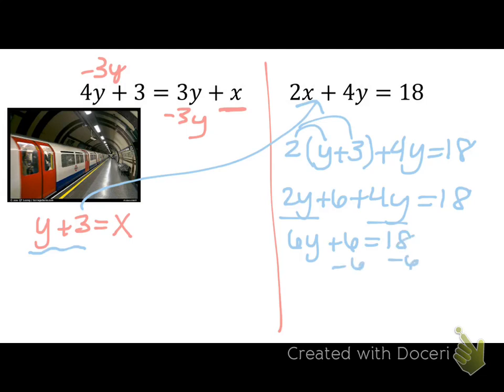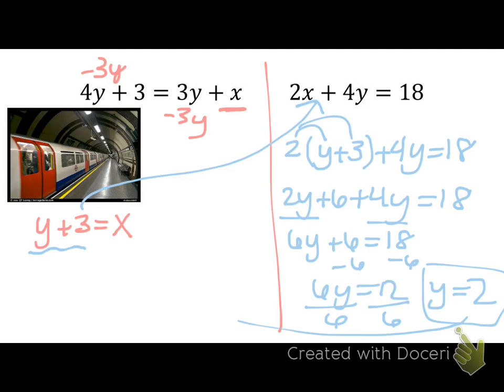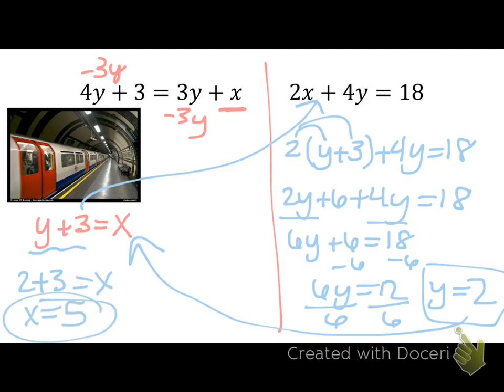Subtract 6. 6y equals 12. Divide by 6. y should equal 2. Well, we have to figure out what our x is, so let's go ahead and plug it back in here. 2 plus 3 equals x. x equals 5. Again, check your answers by plugging them back in.